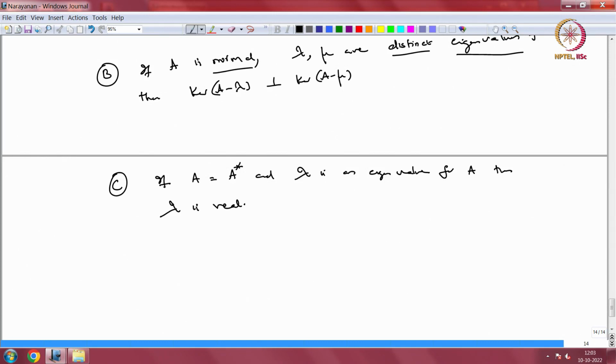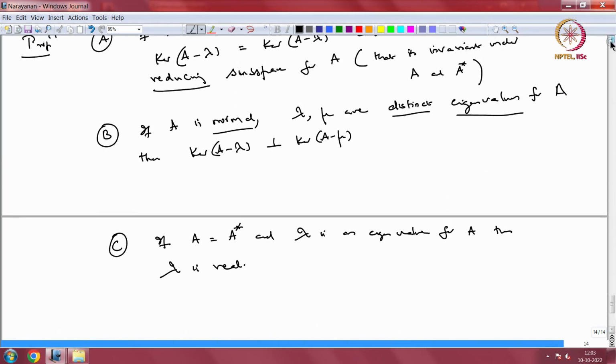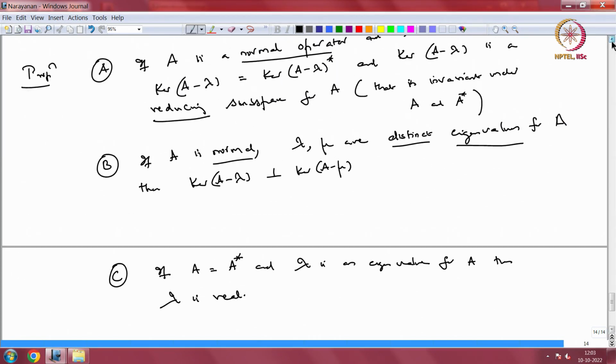Let us read it again, the three things which we will need in the proof of the spectral theorem. There is no assumption of compactness here. These are general properties of normal or self adjoint operators which we will require. First says that if A is a normal operator, then the kernel of A minus lambda and kernel of A star minus lambda bar are the same.